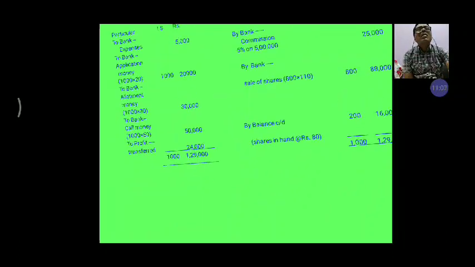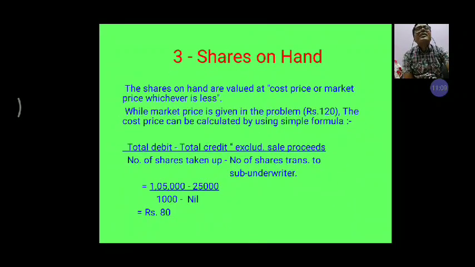The formula: 1,05,000 is the total of debit, 25,000 total of credit excluding sale proceeds, number of shares taken up 1,000, minus number of shares transferred to sub-underwriter, there are none, minus nil. So calculating this formula, the remaining amount is 80. So 80 rupees is the cost price per share.